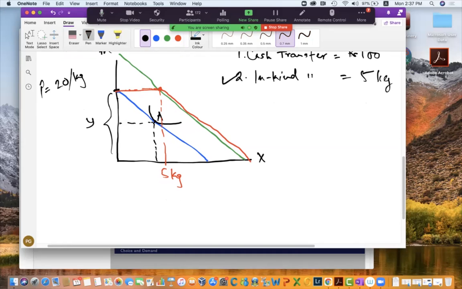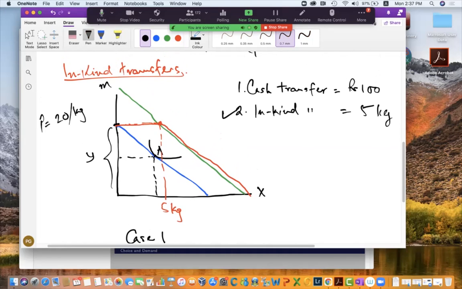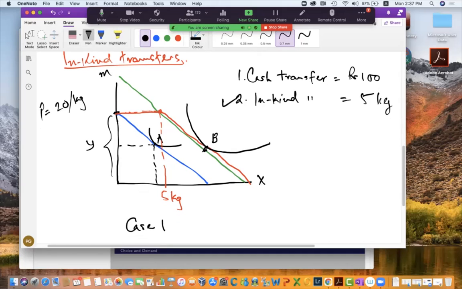Case 1. Suppose the point of tangency on the green budget line is here. Let's say it's some higher amount than 5 kgs.